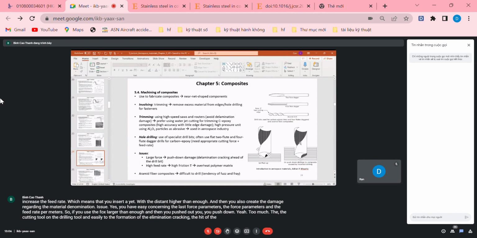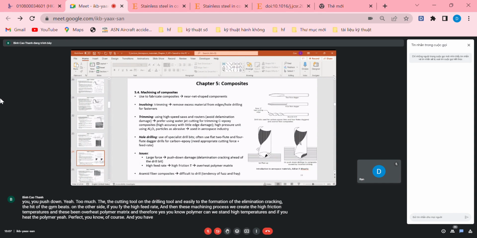On the other side, if you apply a high feed rate, this machining process will create high friction temperatures, and this will overheat the polymer matrix, and polymer cannot withstand high temperatures. If you heat the polymer, problems will occur, of course.